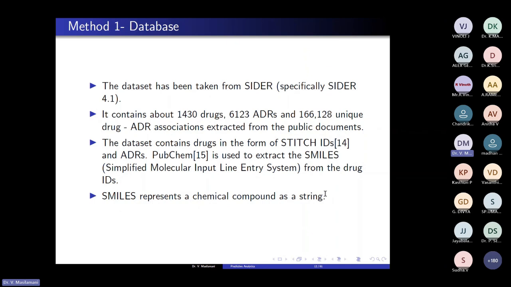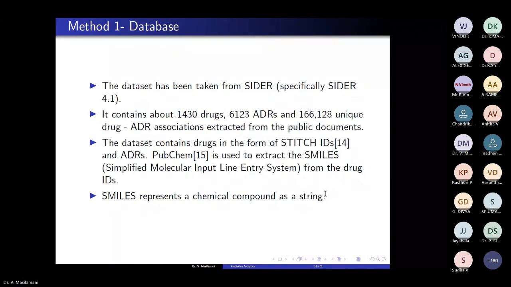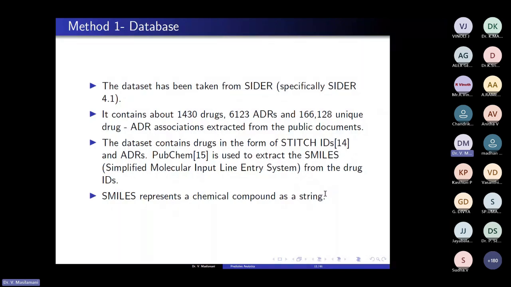What it basically means is that given a drug, a drug is basically a chemical component, right? That chemical component is written as a sequence of ASCII characters, and that sequence of ASCII characters representing the chemical structure of the drug is called SMILES, Simplified Molecular Input Line Entry System.